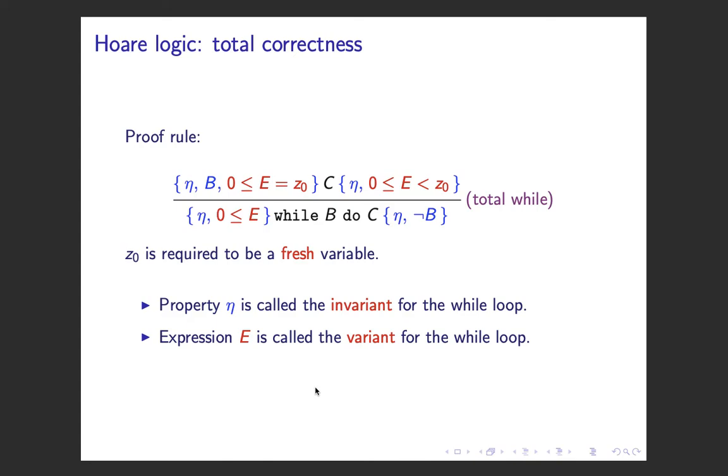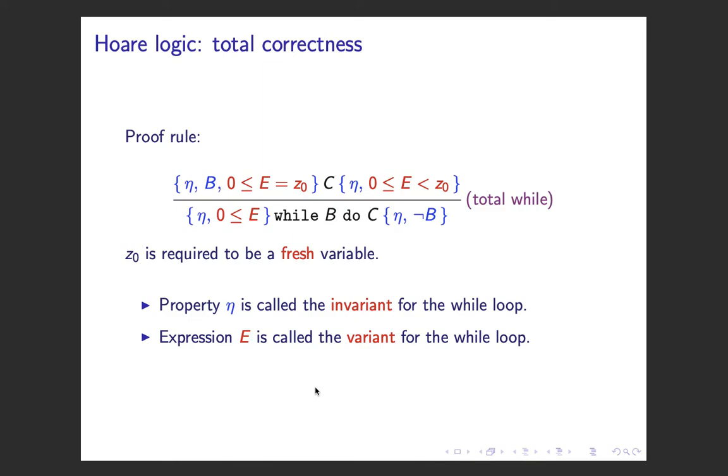And I wanted to do that in some detail because we're now going to look at another version of the proof for the while loop that is a bit more complicated. This version is called the total while proof rule, and it allows us to prove total correctness.